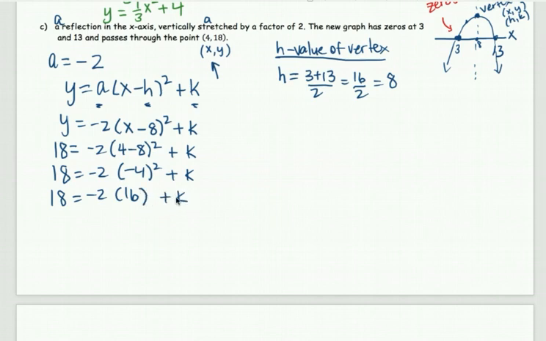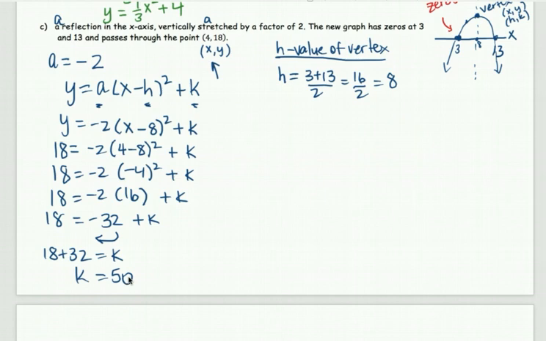Okay, so you're going to square them, it gets to positive 16. 16 times negative 2 will become negative 32. Okay, we're almost to k. All right, now just boot that over. Becomes a plus 32 on that side. And then your k value will be 50.